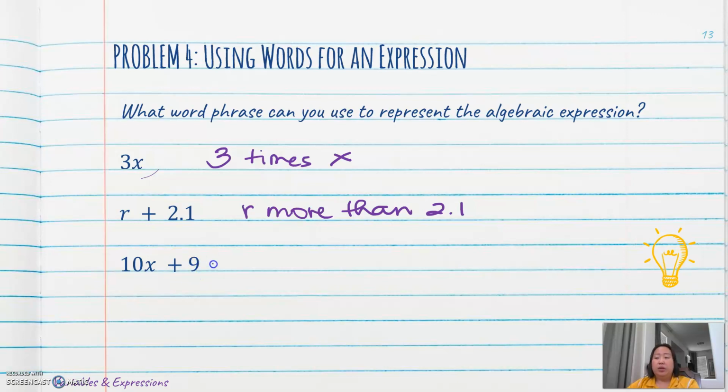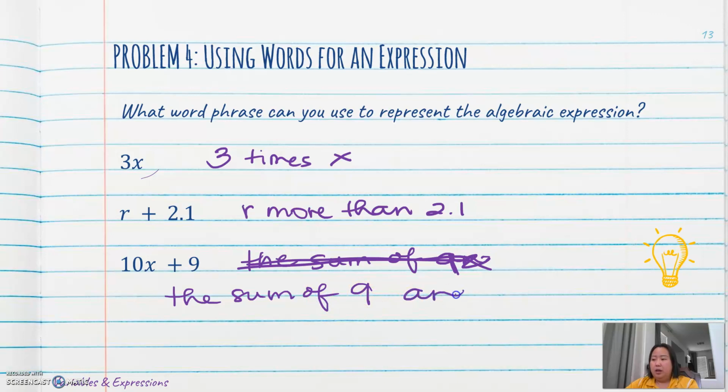So we have to involve the sum of 9 and the product of 10 and x. That's how you can write it down. Sorry, I made a mistake earlier, so let's just erase that part.